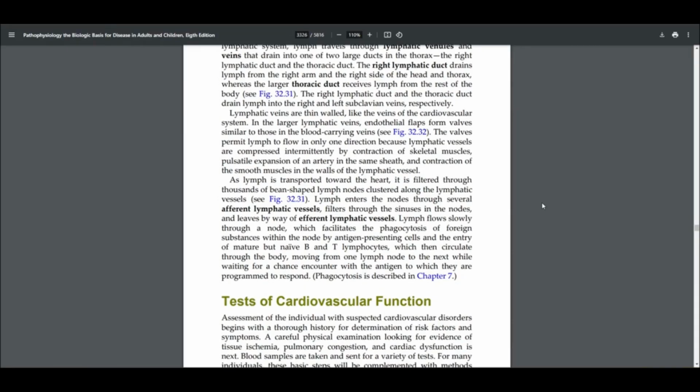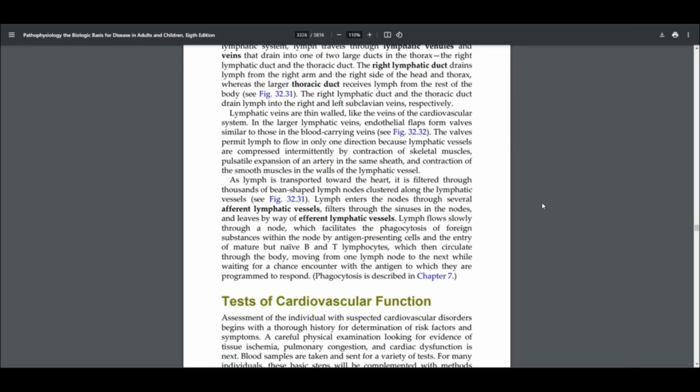Lymphatic veins are thin-walled, like the veins of the cardiovascular system. In the larger lymphatic veins, endothelial flaps form valves similar to those in the blood-carrying veins.